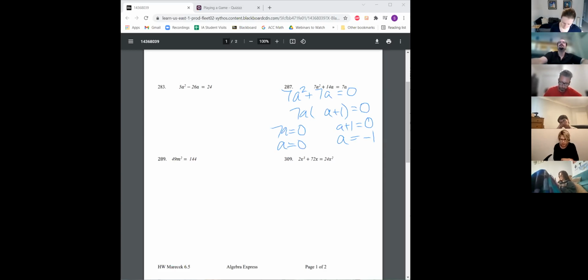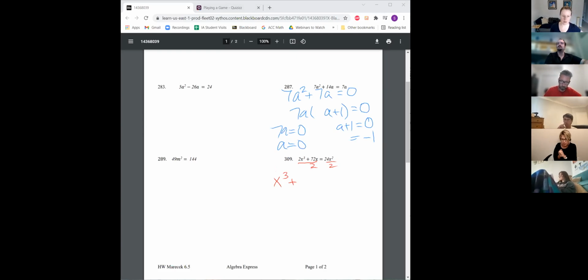I'm not sure if I did this the correct way, but what I did was divide by 2x, and then I ended up with 2x, and in parentheses, I'm going to have 2x.